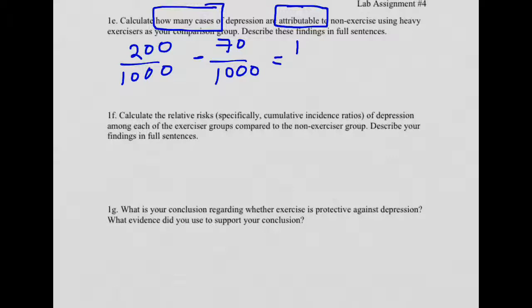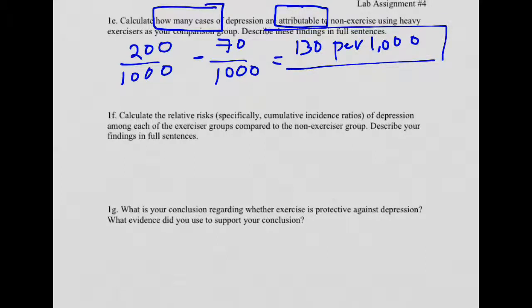So we ended up with 130 excess cases of depression per 1,000 women attributable to non-exercise. Again, another way to say this is that non-exercise accounted for 130 excess cases of depression per 1,000 women.